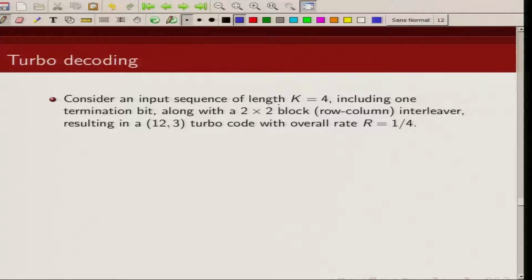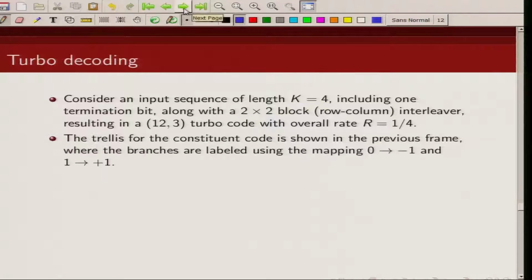Consider an information bit length of 4, and let us say I am doing block interleaving, so I am feeding the data block-wise and reading it column-wise. As I said, I am mapping 0 to -1 and 1 to +1.